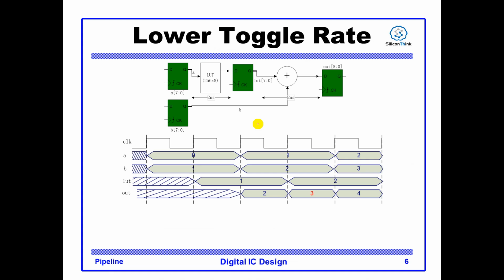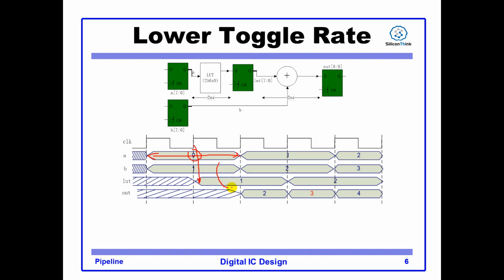Okay, if we want to try to solve the problem, one method we can choose is to lower the toggle rate. That is, we just change the input every 2 cycles. Yes, 0. Then after the cycle we get the LUT value 1.